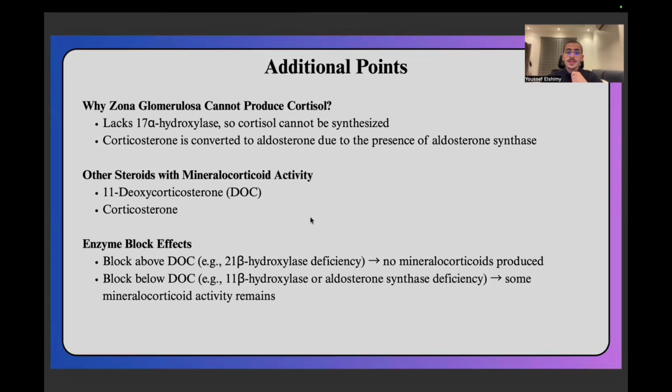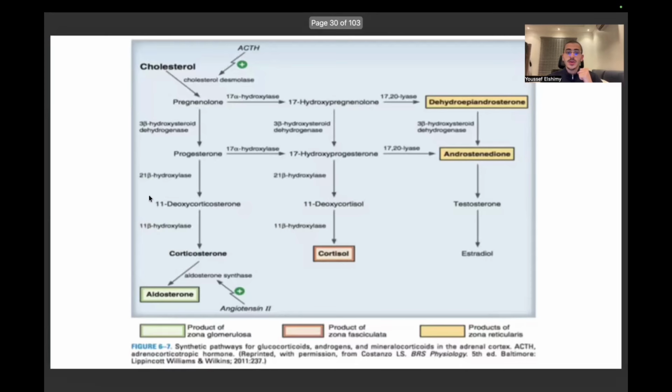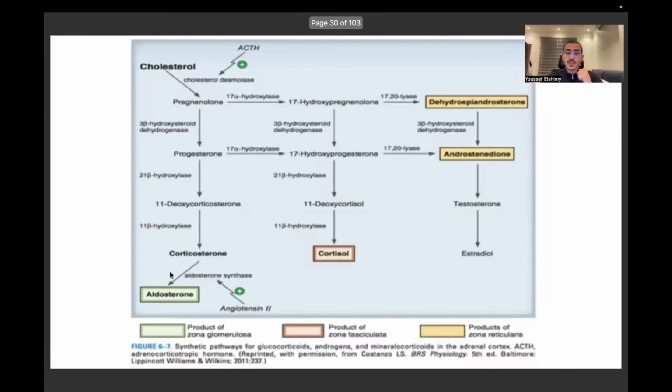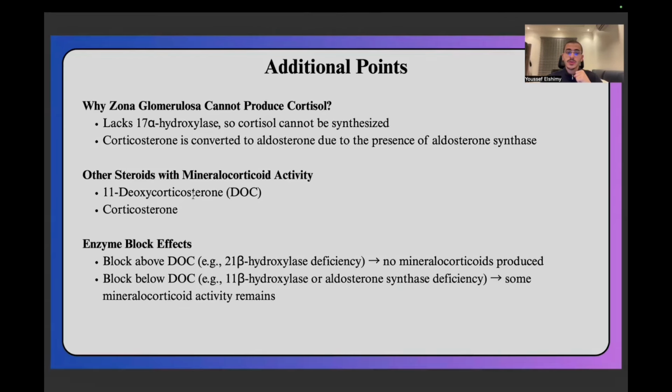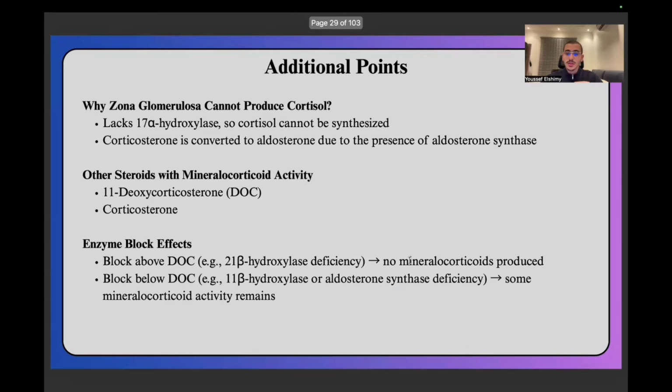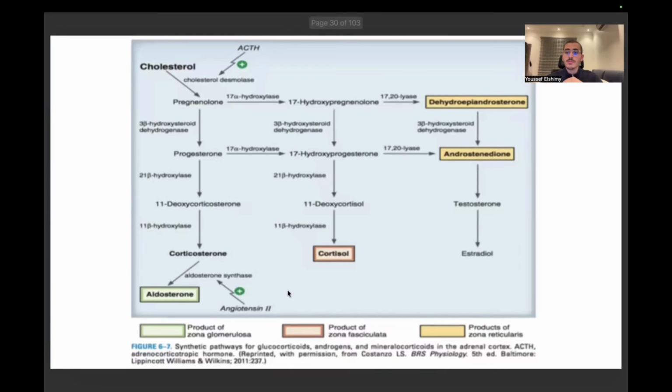One thing to notice is that some steroids have mineralocorticoid activity, which is the 11 DOC as well as the corticosterone. So even if you're not producing aldosterone, you still have some mineralocorticoid activity by the corticosterone as well as the 11 deoxycorticosterone. So for example, if there's a defect above DOC, this is DOC, there would be no mineralocorticoids produced at all because you cannot produce DOC, nor corticosterone, nor aldosterone.